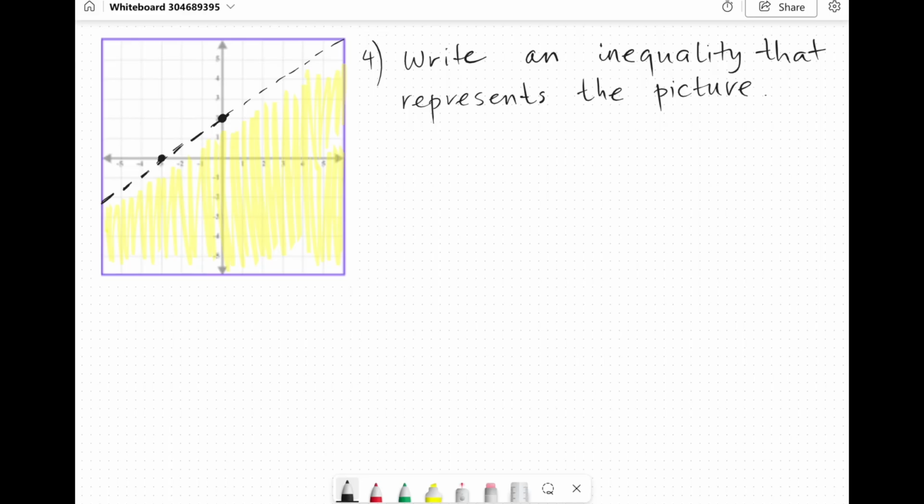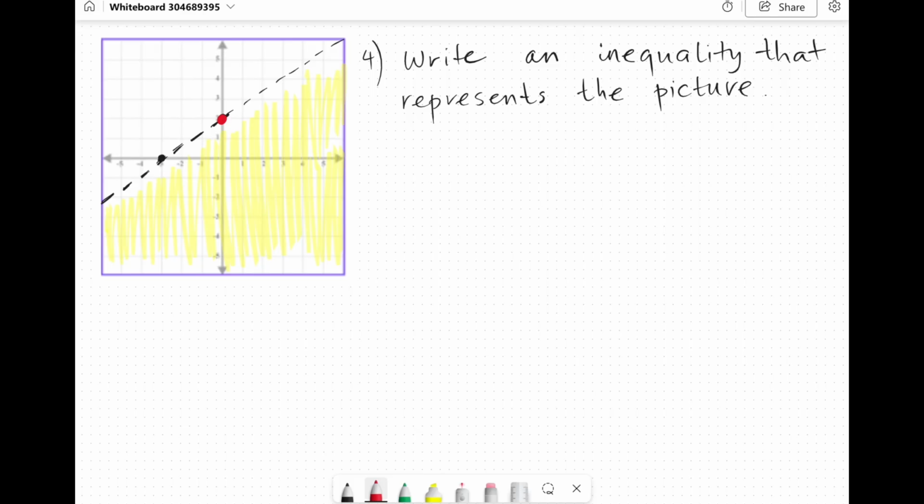So this can be done multiple ways. The easiest to me appears to be to write the y equals mx plus b, simply because you already have b, which is this 2, and you already have the slope. It's a positive slope of rise 2 over run 3.